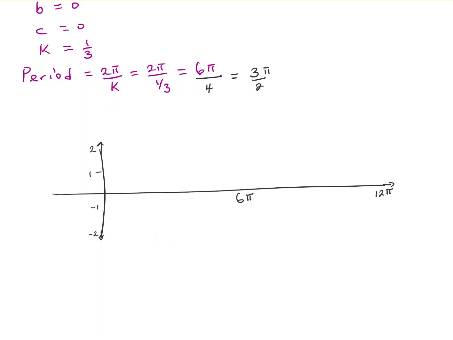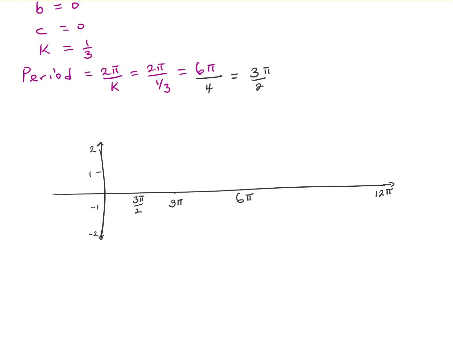So considering this, the halfway point is going to be 3 pi. Then between this guy and this guy will be 3 pi by 2, right?